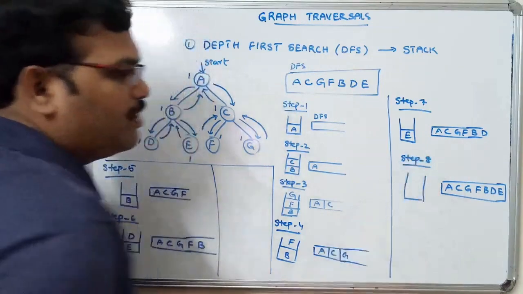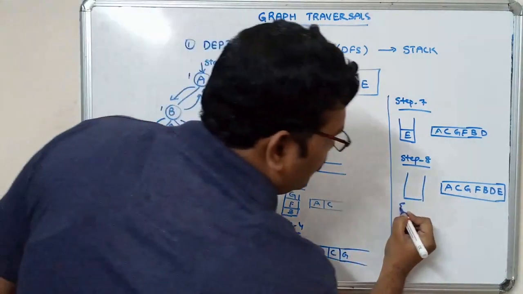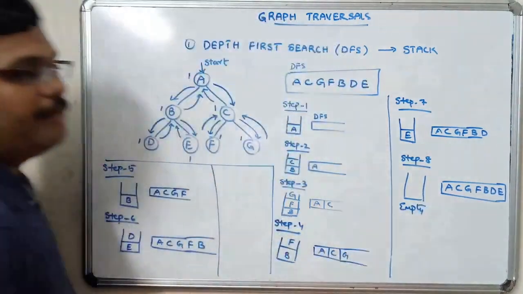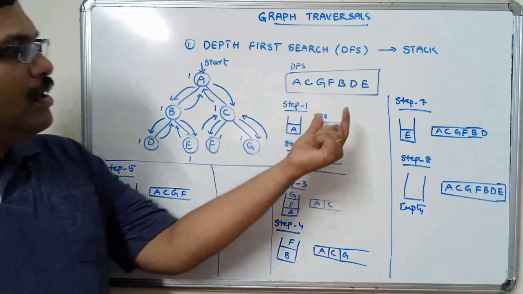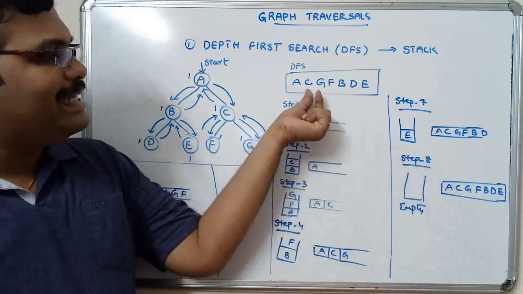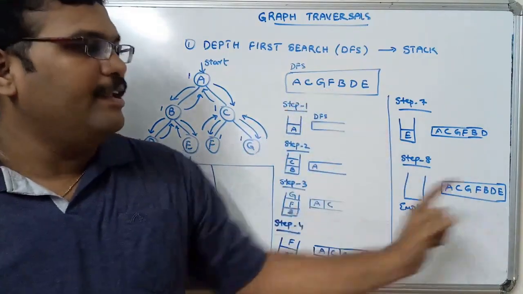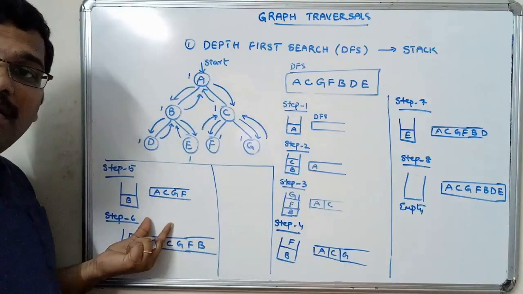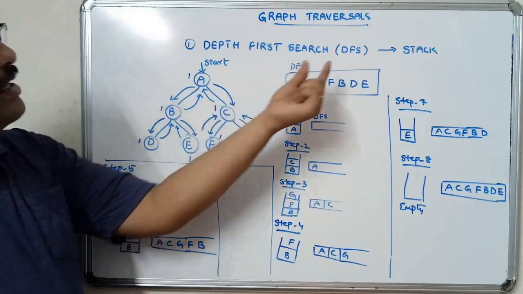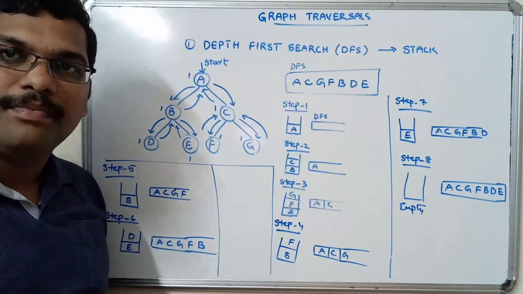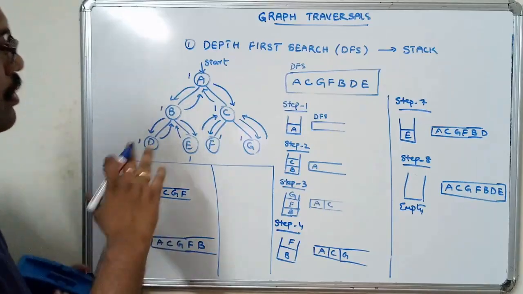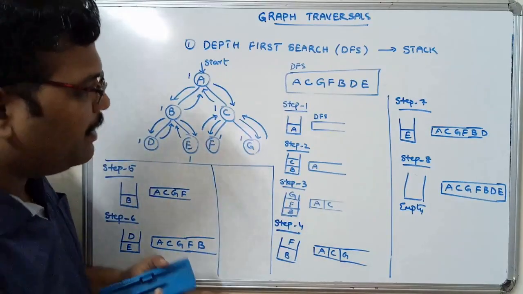This is the empty stack. So if you observe, we got the same thing: A, C, G, F, B, D, E. So by using the stack, we can implement this DFS approach. So this is one way we can implement this.